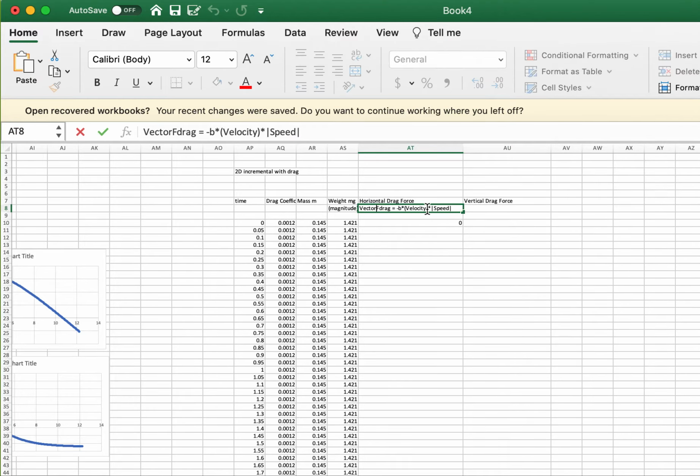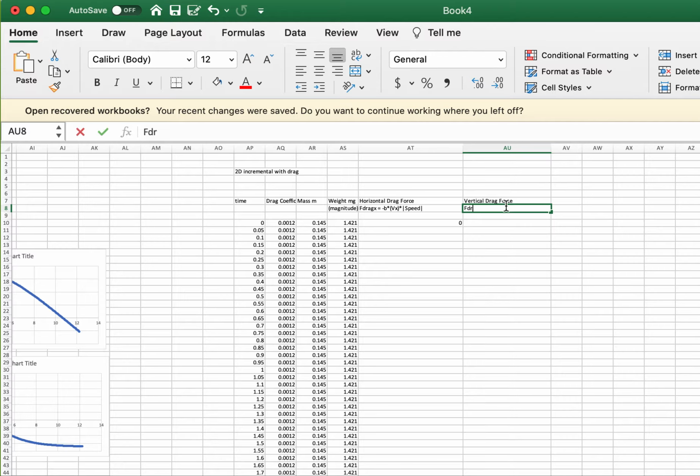So no vector. F drag x equals negative b times vx times the speed. And over here, F drag y equals negative b times vy times the speed.